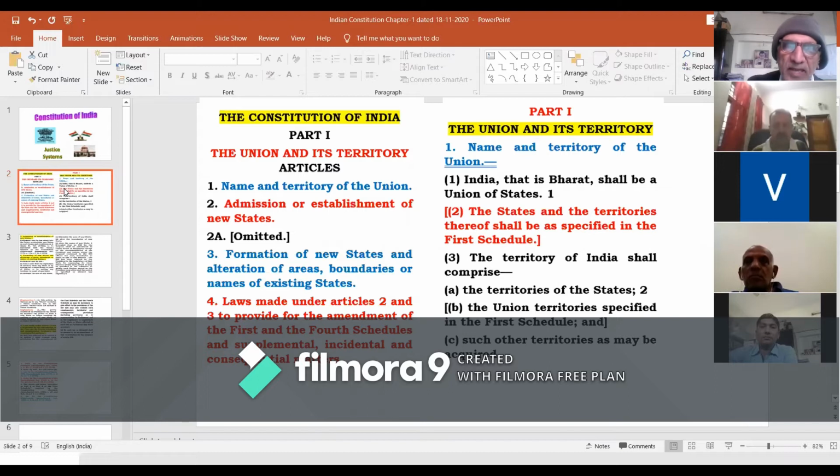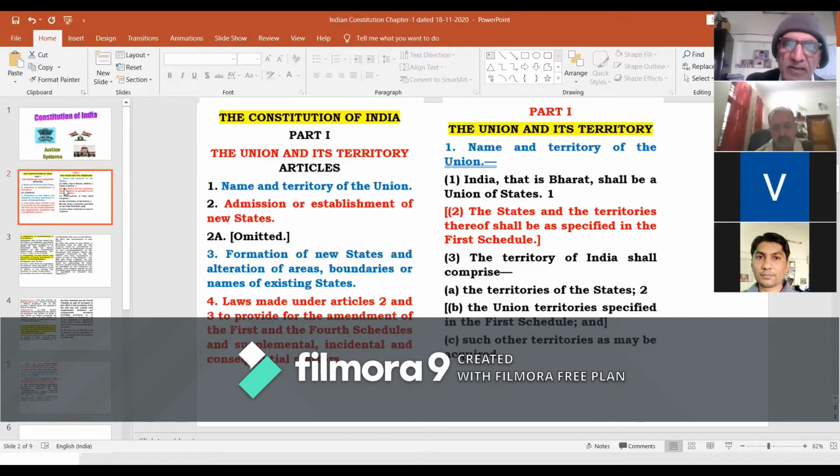Then 2A, and then omitted. Writing 2A means there was at some point of time an amendment, and then that amendment itself was omitted by another amendment. Therefore, we as students of law have to be conscious as to at what phase and stage which provision was amended, and what the amendment was.